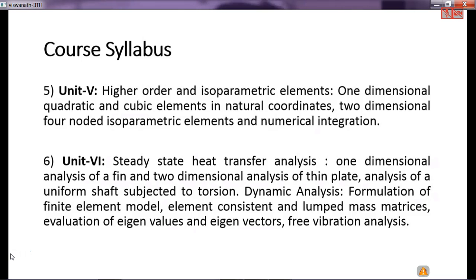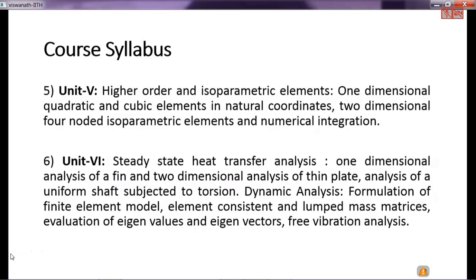Now, the last chapter of this course is Unit 6. Up to this point, we are mostly dealing with structural problems and also static problems. Static means inertial problems are not there in the picture.